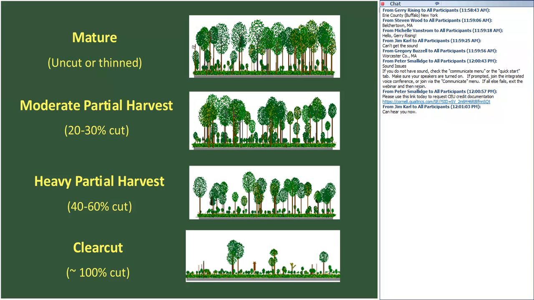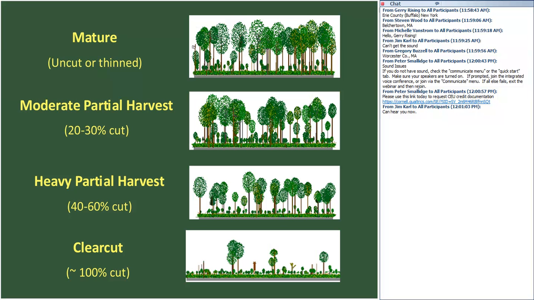I use a study that was conducted by Audubon New York to illustrate these points. They looked at, over 10 years ago now, but the results still apply today, a number of forests throughout New York State that were categorized into 4 different categories. Either mature, those were forests that were either uncut or had been thinned very lightly. A moderate partial harvest, where 20 to 30% of the tree canopy had been removed.